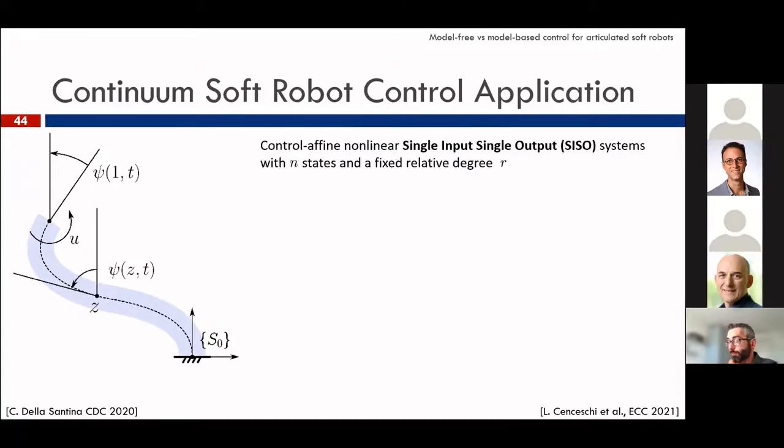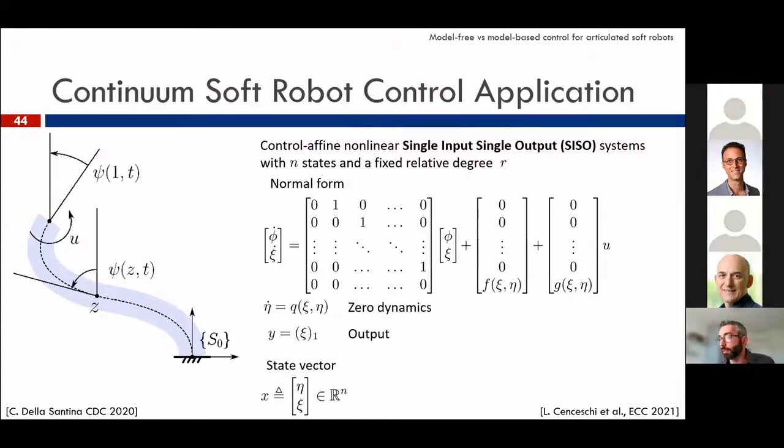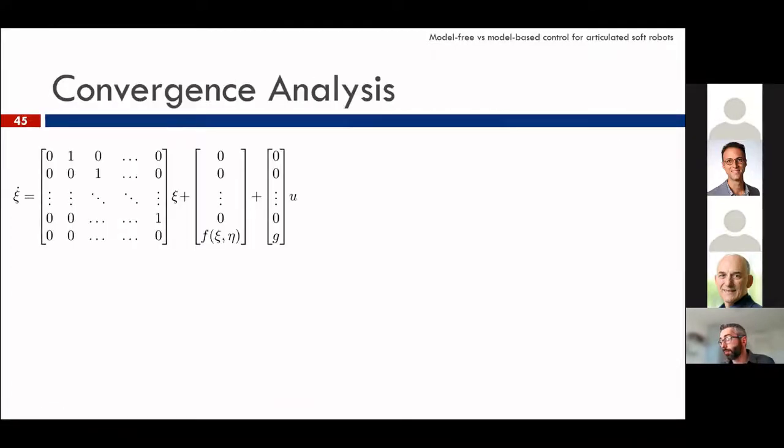This system is a single input, single output system with a fixed relative degree equal to R. And we can write its dynamics with this formulation. So we can prove that an iterative learning controller is able to converge when these dynamics present a G term that is constant.